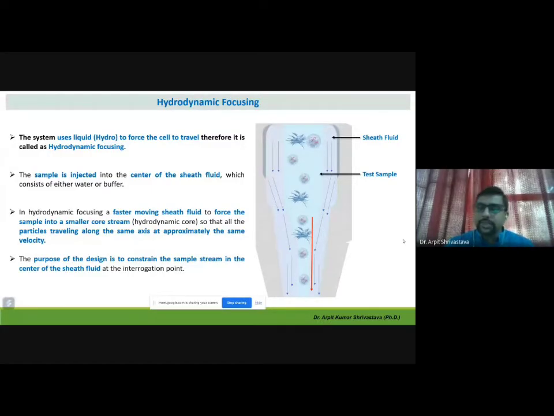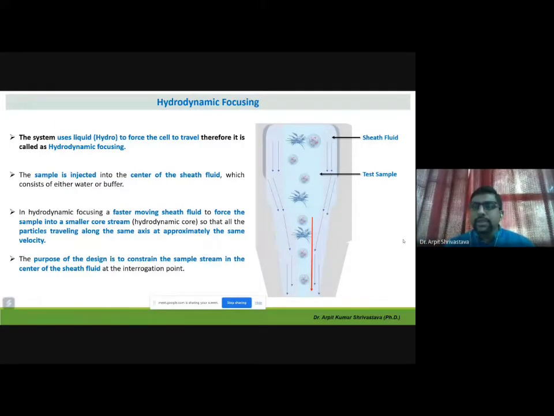If you see this picture, you can see two different colored fluids in this diagram. One is the outer fluid, which is called the sheath fluid, and one is the inside test sample. So you can imagine the sample is injected into another liquid, the hydro liquid or sheath fluid.